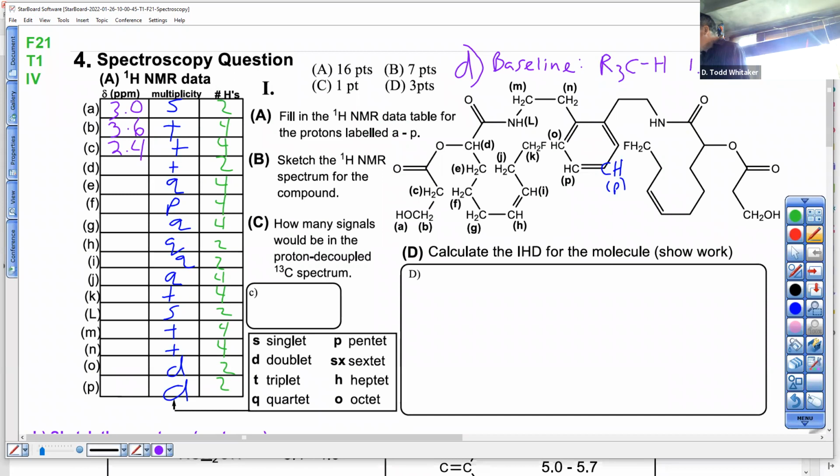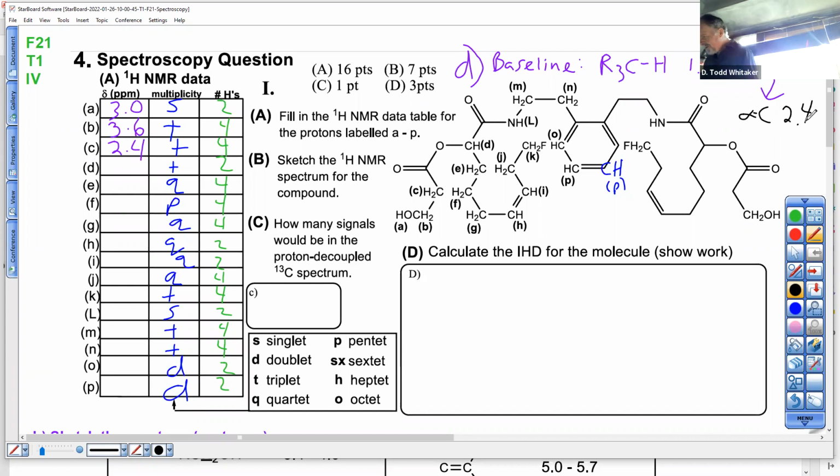Baseline, 1.5. I'm not going to draw things. Alpha, it's also an alpha H on an alpha. We're talking about D. It's alpha to a carbonyl. 2.2 to 2.4. We just did alpha to a carbonyl right here. That would jump it up to 2.3 or 4. We wrote it down, 2.4.